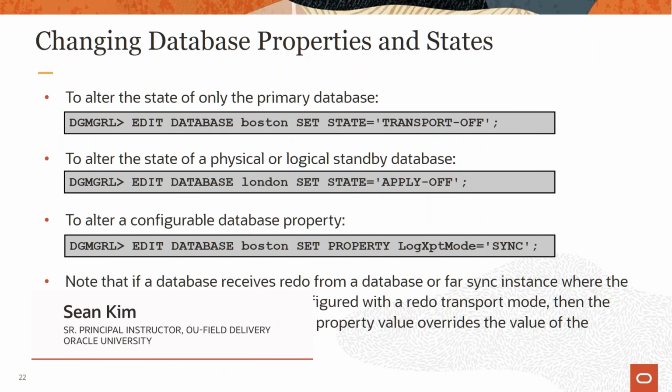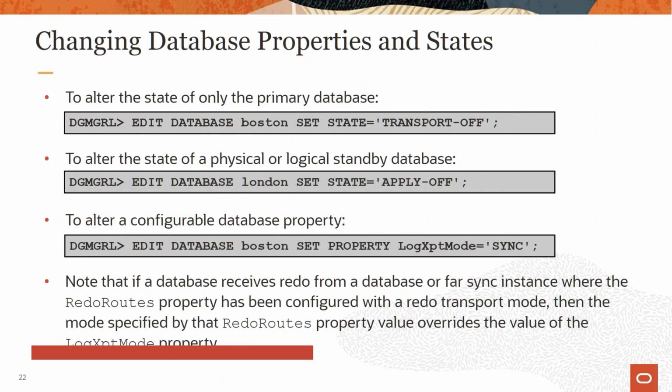Okay, so let's take a look at the second part of lesson 10. We already discussed creation of a Data Guard broker configuration. Now we're going to see how to manage the Data Guard broker configuration. This slide shows the way to manage two Data Guard broker services. One is the redo transfer service.